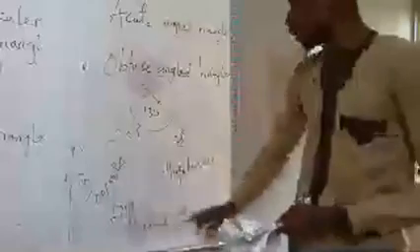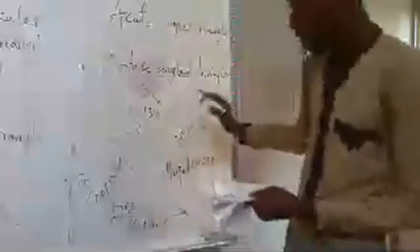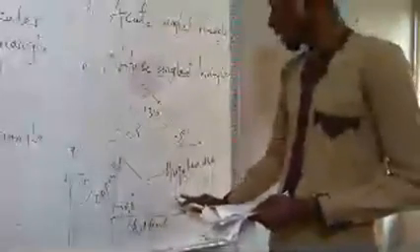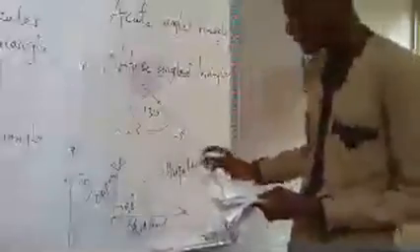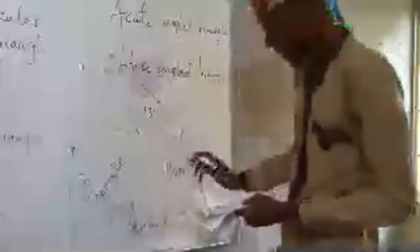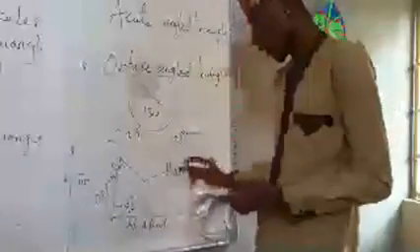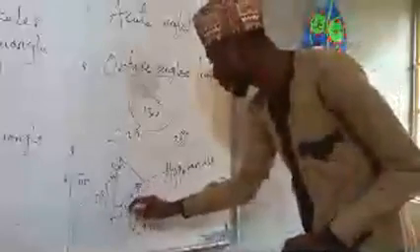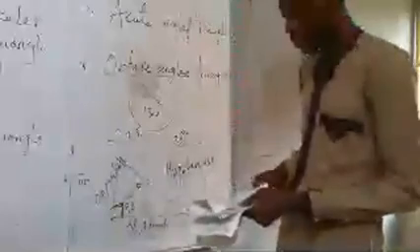So this type of triangle is called a right angled triangle, and the side that is opposite to the right angle, the longest, is the hypotenuse. The angle is equal to 90 degrees. Those are the types of triangle.